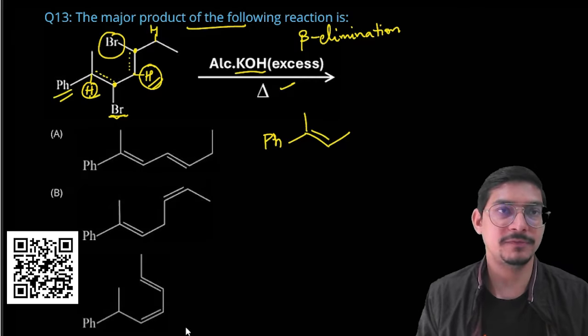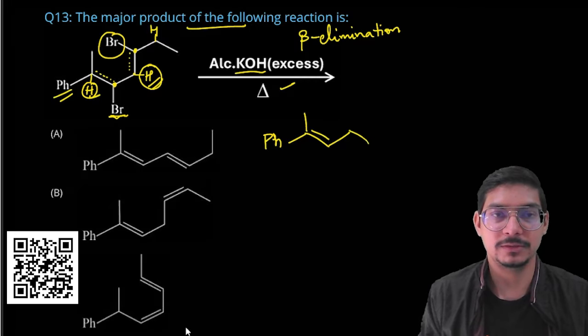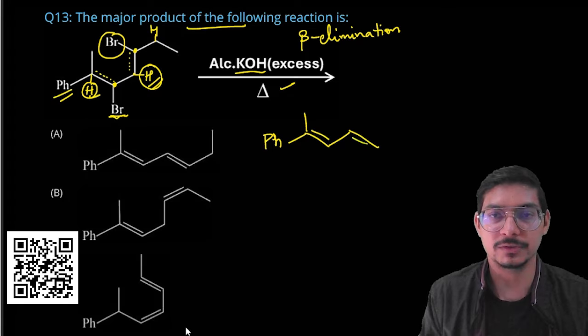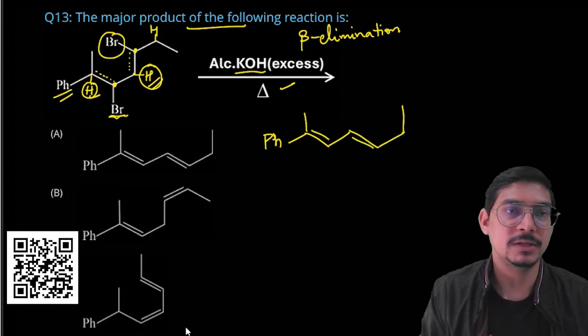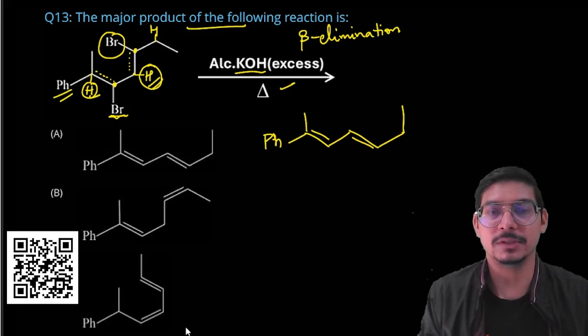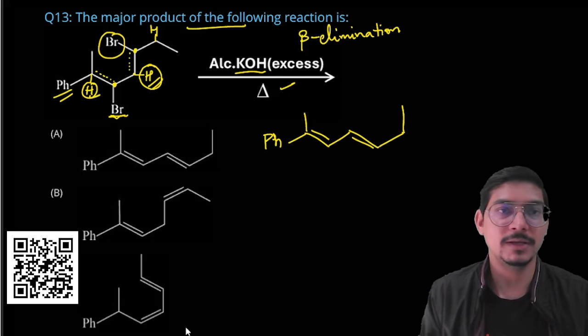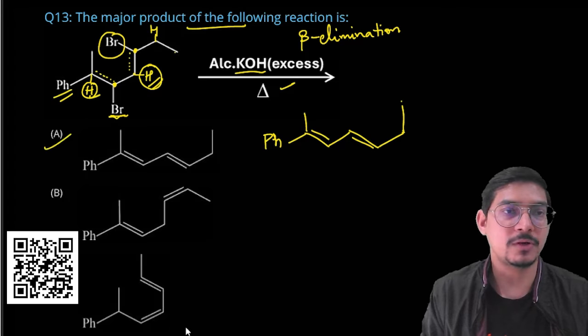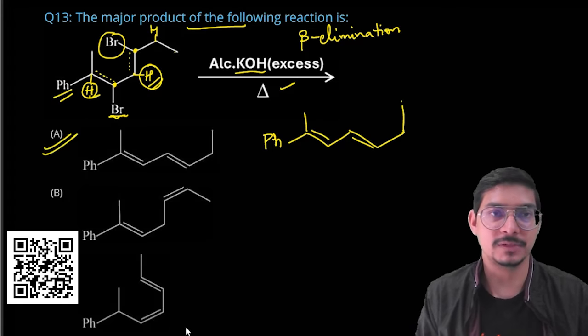So if there is possibility for formation of cis and trans, the trans alkene is formed as the major product, which means that the next double bond would not have a cis configuration, it would have a trans configuration. So something like this we would have here, right? Benzene, then on the next alternate position double bond, and then on the next alternate position we have a double bond here, and then we have an ethyl group here like this. So the product in option A is the most stable product of this reaction and hence the major product. Thank you.